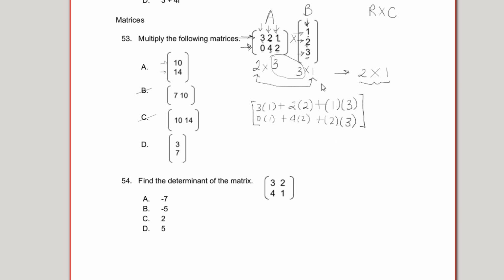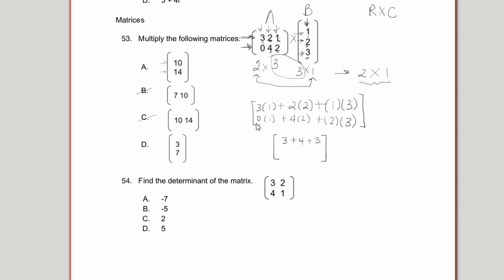And you're going to get to a point when you're doing this, hopefully, you might not even have to write out all these numbers. You can just do these in your head, because as you can see, it's pretty straightforward multiplication. 3 times 1 is 3, plus 2 times 2 is 4, plus 1 times 3 is 3.